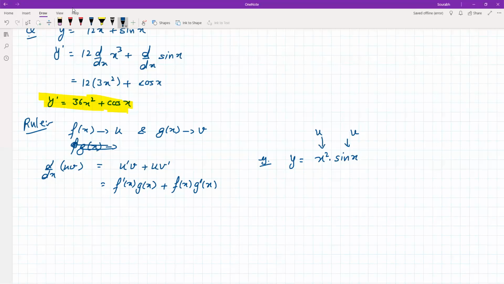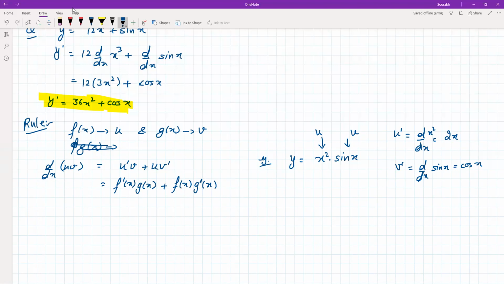So what will be u dash? U dash is differentiation of x square, that is 2x. What is v dash? V dash is differentiation of sin x, and just now we have seen that is cos x.